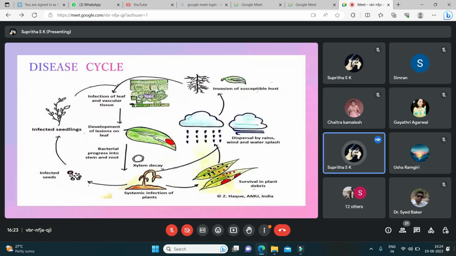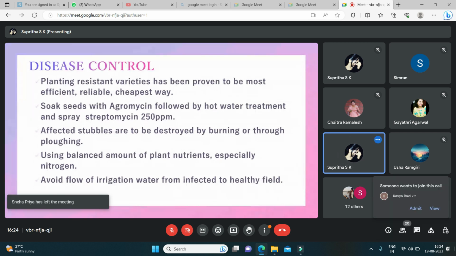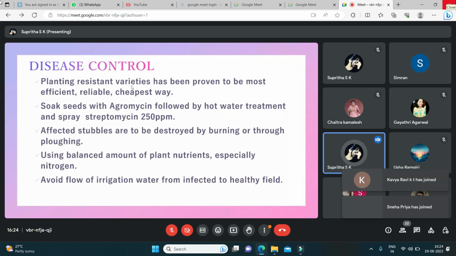I hope you understand. So after the disease cycle, we need to know how we can control this bacterial blight disease. Before selecting seed, we should know that it should be free from bacterial infections, and we should select plant-resistant varieties.